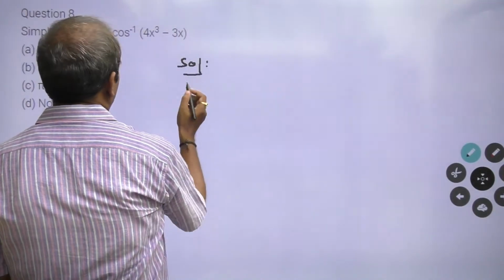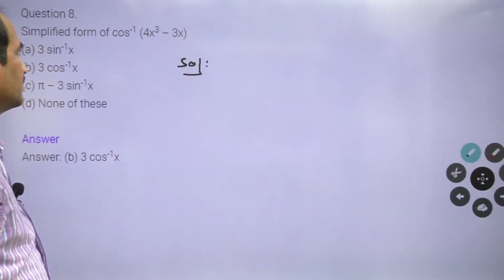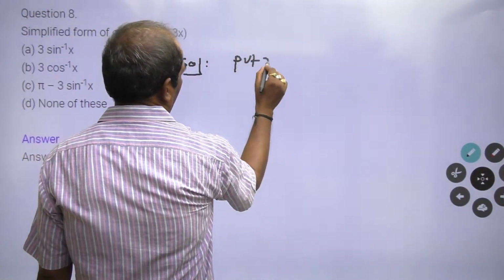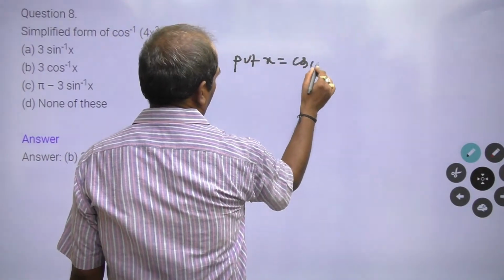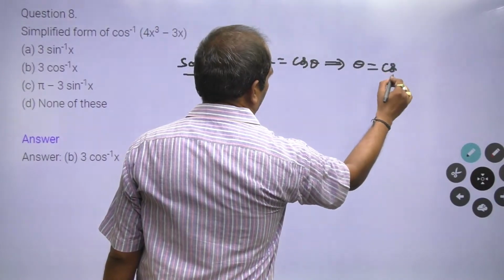In the solution, cos inverse of 4x cube minus 3x. Put x equal to cos theta, so theta is equal to cos inverse of x.